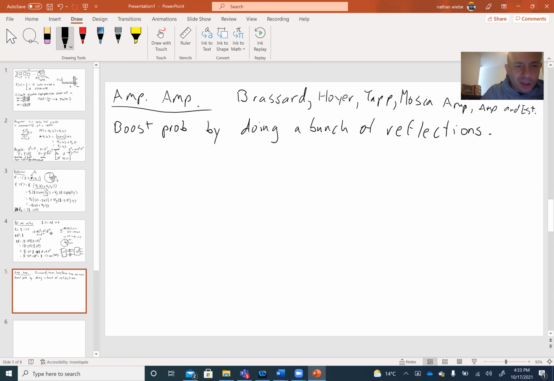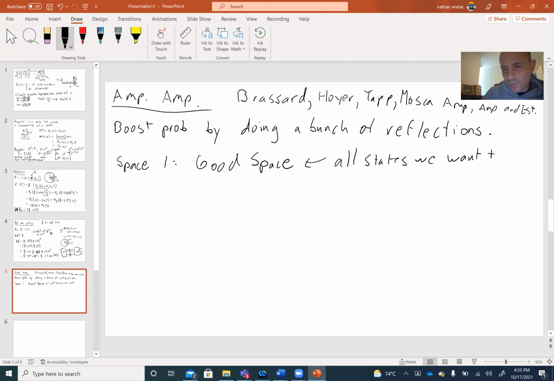So I'm going to define space 1, which is the good space. These contain all the states we want to find.